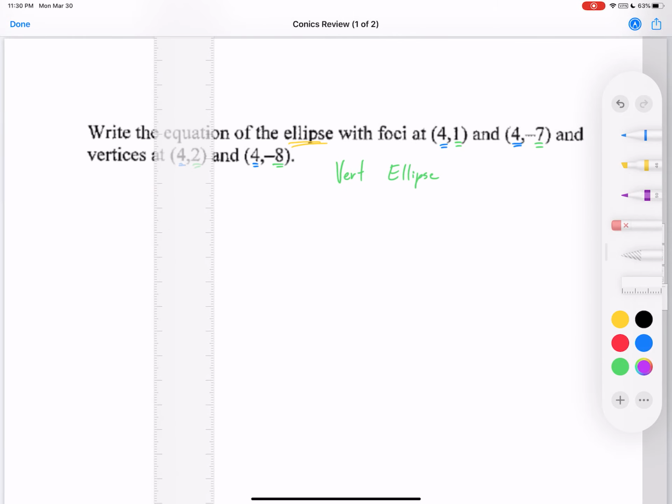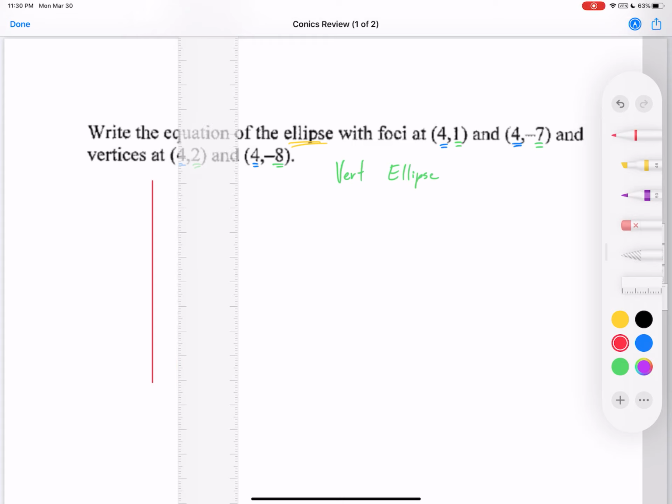So if I go ahead and redo this, our x values are going to be the same, which means I'm just going to draw a straight line up and down. Let's say this is at 4. So we've got (4, 2) at the top, and the other vertex is (4, -8), so it's going to go down 8.